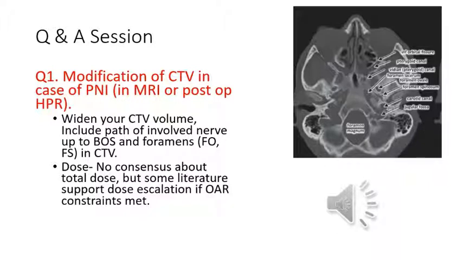You're talking about a post-op situation, Dr. Arun. Yes, ma'am. In the post-op situation, if we find PNI and we have tracked it up to the base of skull, how to give the dose? Whether we give a prophylactic dose to that side or we give higher doses, maybe 66 gray or 64 gray.